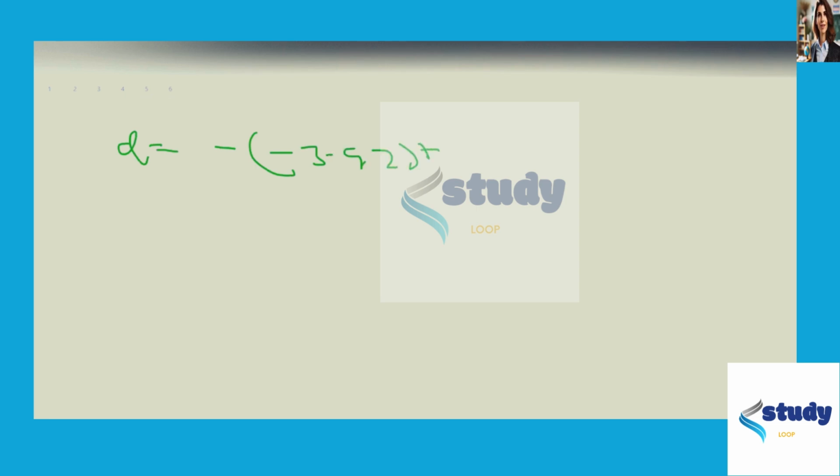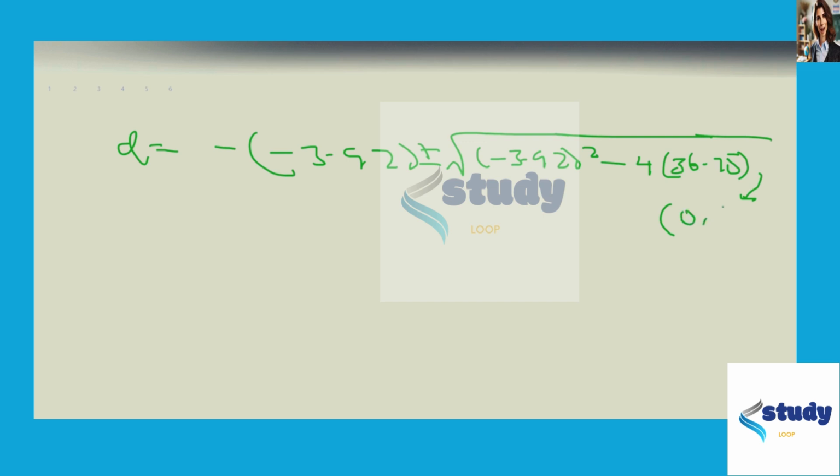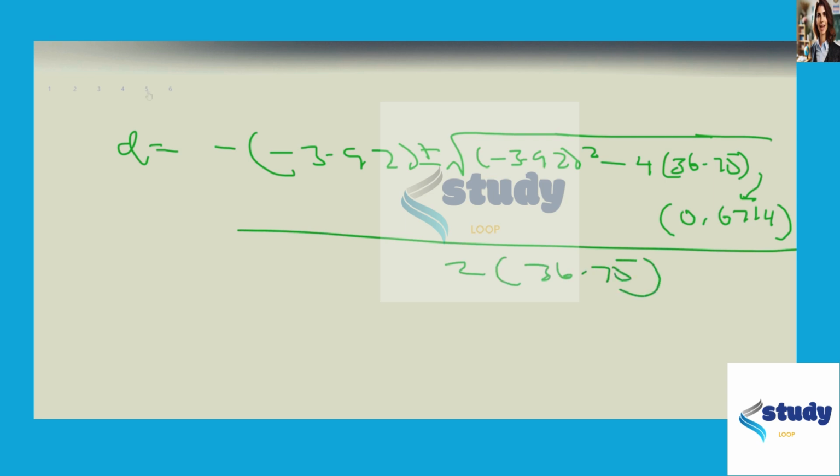And then we have plus or minus the radical of negative 3.92 squared, minus 4 times 36.75, and then right here, times 0.06714. All of this is going to be divided by twice 36.75. We're using a quadratic equation, and this is the quadratic formula.